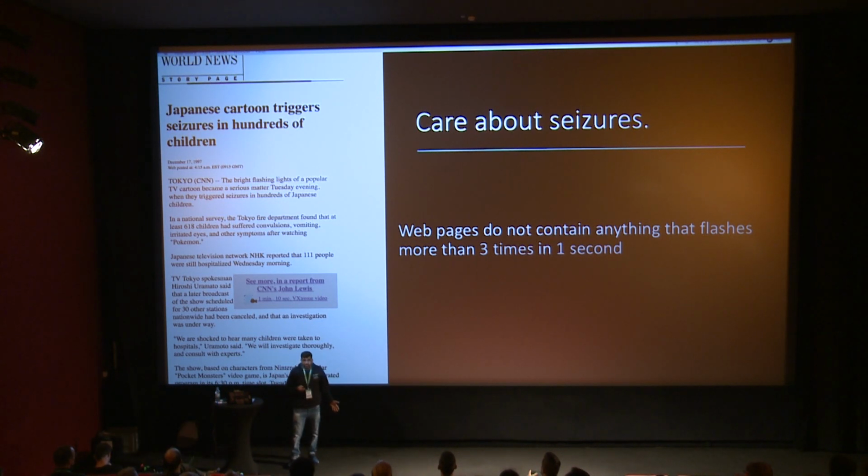An animation with more than 3 flashes in a single second can give your users a seizure. So, according to this, every web page which you make should not contain anything that flashes more than 3 times in a single second, right? Because if you are doing that, maybe your users are going to have seizures.